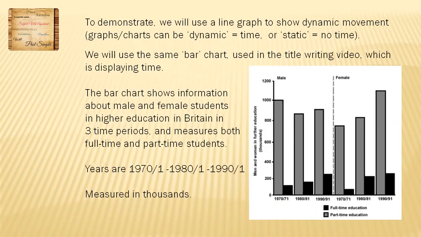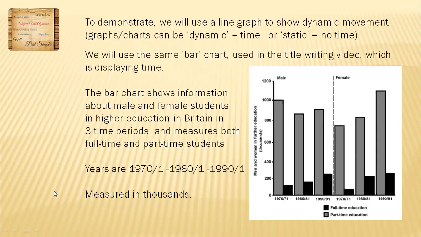Okay, so we have our title. The bar chart shows information about male and female students in higher education in Britain in 3 time periods and measures both full-time and part-time students. And here are our 3 years, as we can see here, and it's measured in thousands, which we can see there.